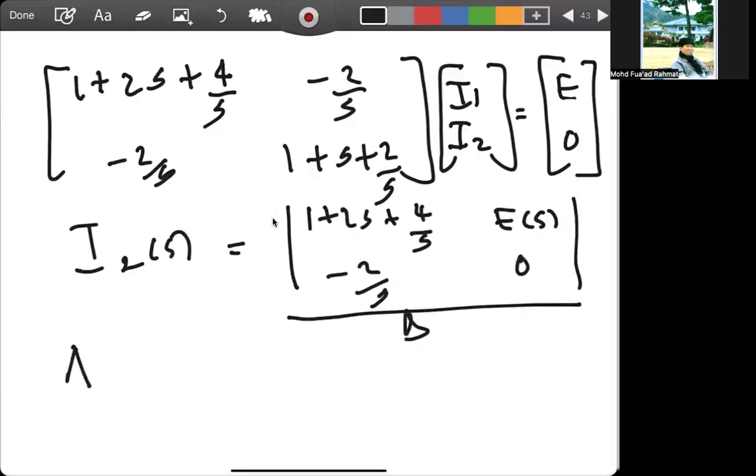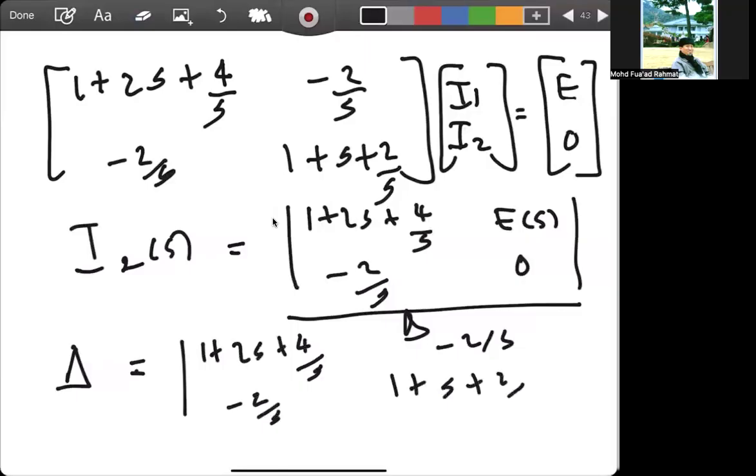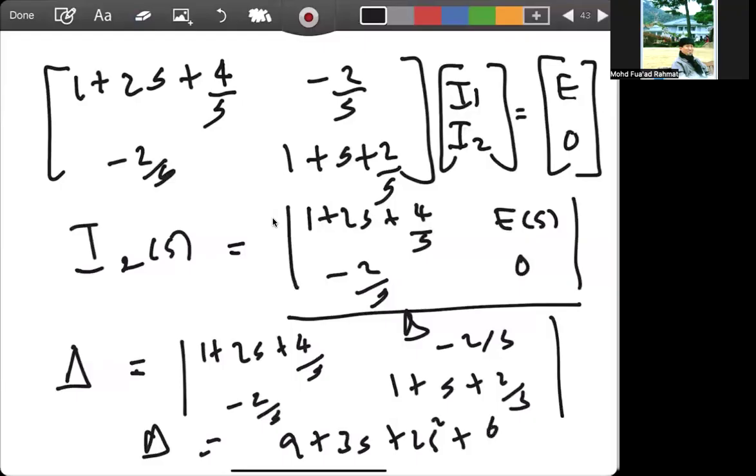Okay, and delta is the determinant of 1 plus 2 over S. Which will give you 9 plus 3S plus 2S squared, 6 over S plus 4 over S squared.